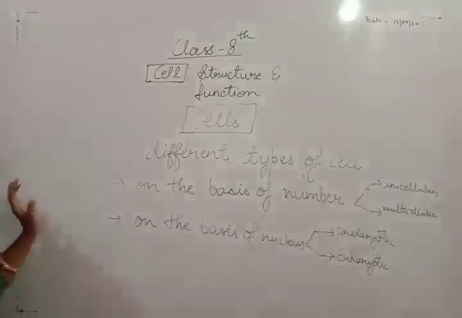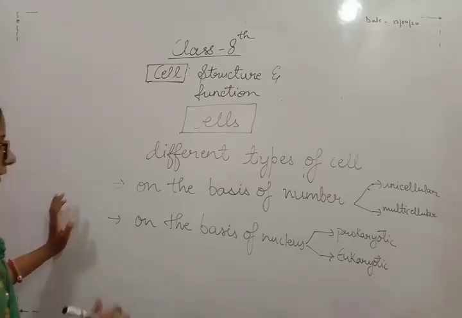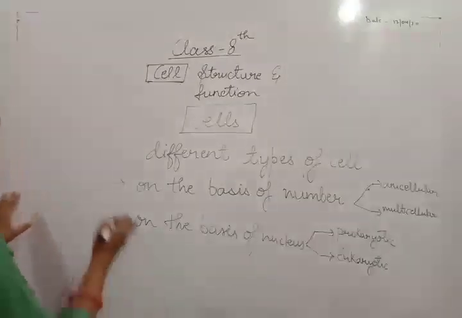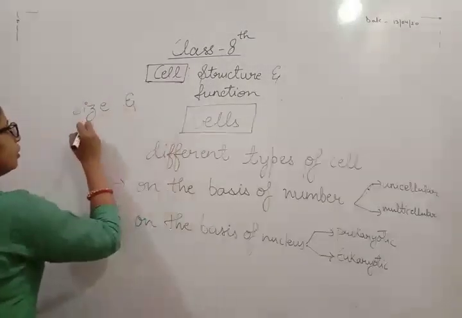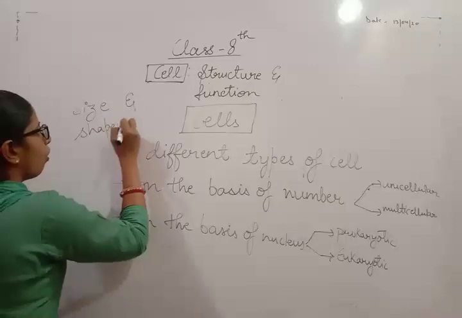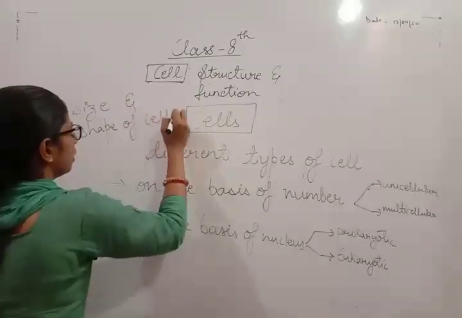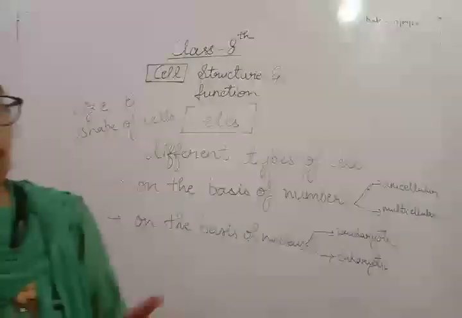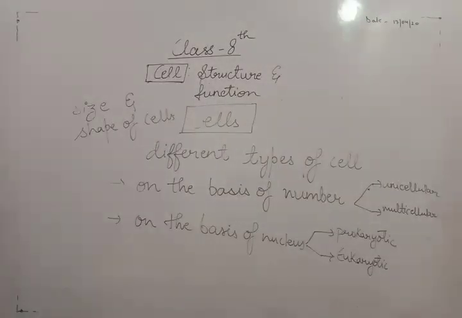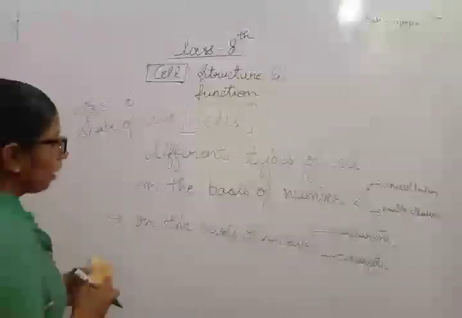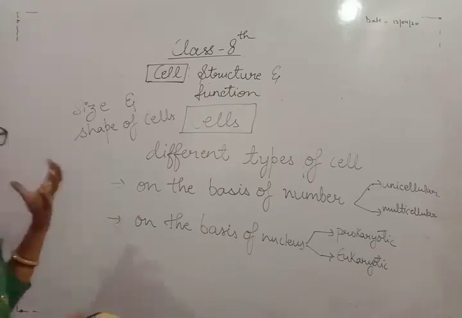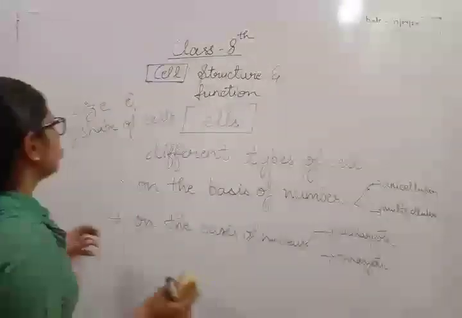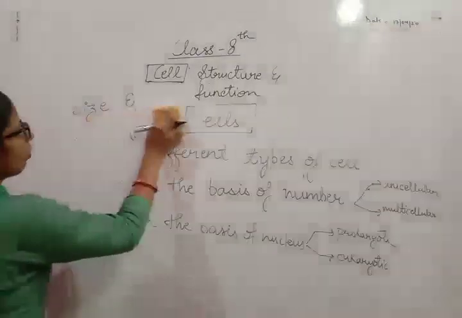clear? Now we will see the size and shape of cells. Do all the cells have the same size? No. We can say it starts from a micrometer to a few centimeters. So first we are talking about size.